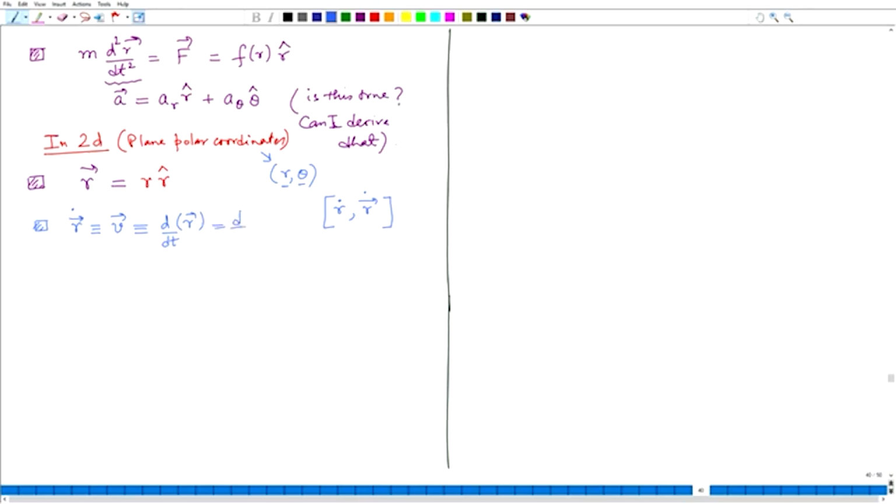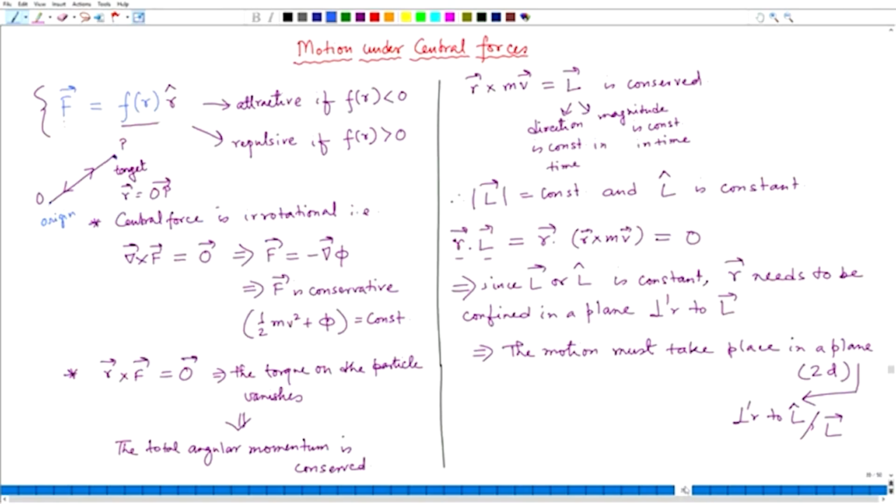Now, what is that r vector? This is r times r cap. Now, r is the magnitude of the position vector of P at any time instant t, and r cap is the unit vector connecting the origin and the target, that means a unit vector acting along OP, if you remember this figure over here.